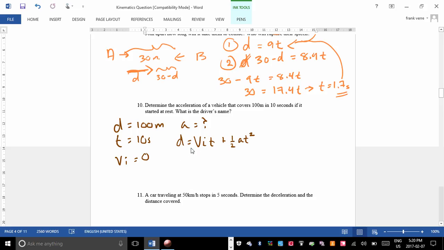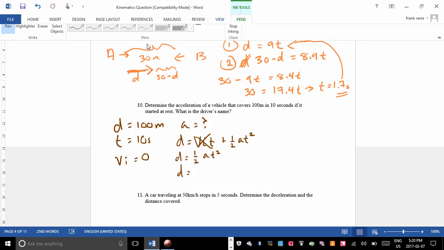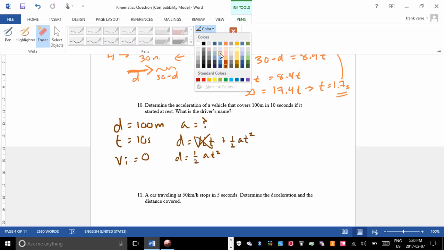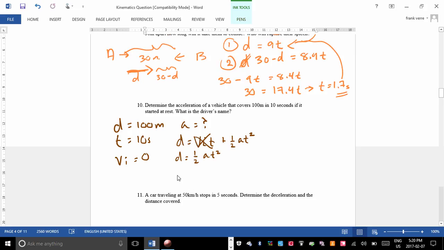The initial speed is 0, so this cancels out, and you're left with D equals 1/2 a t squared. Distance is 100 meters. So we could rearrange this equation now and solve for A. A would be 2D over T squared.